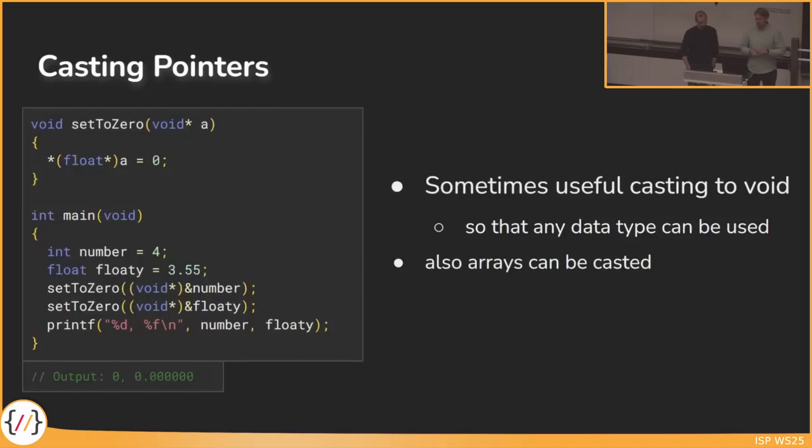So for example, if you have a float array or just a float pointer, which stores the address of a value that contains a float value, it definitely makes sense to explicitly write the exact data type. And we can also convert between different pointer data types, so between float pointer and integer pointer and so on.